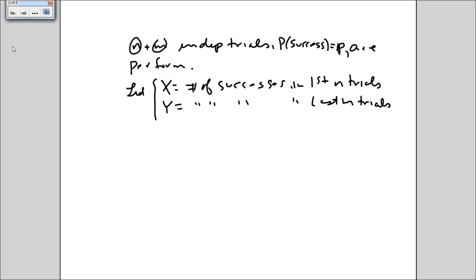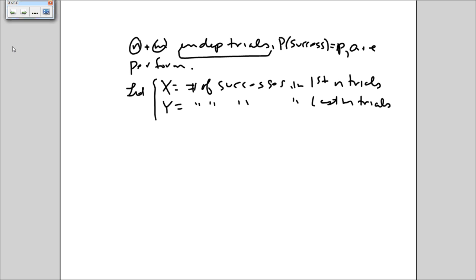X and Y are obviously independent because we are performing N plus M independent trials.